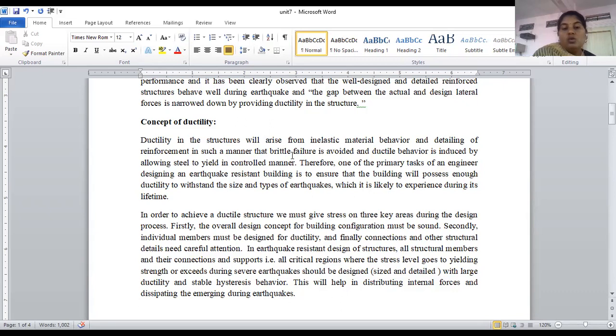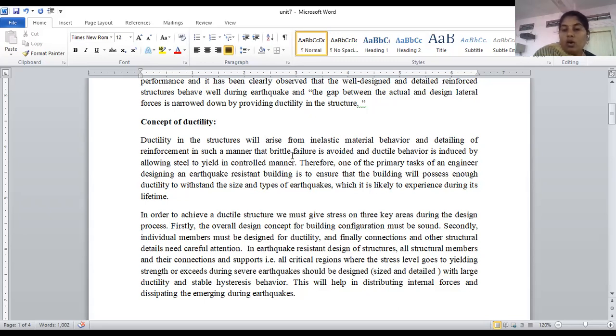So in a controlled manner we have to induce ductile behavior into the structure. That is the very important parameter which gives the building ductile behavior, and that is the basic concept of ductility.